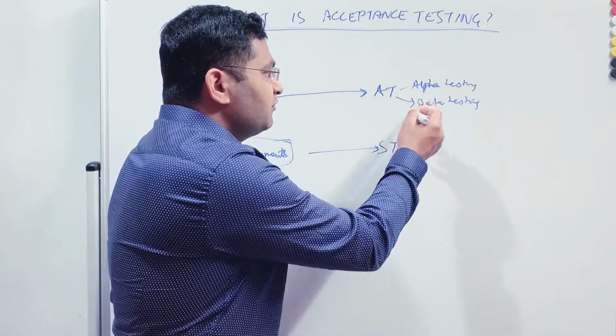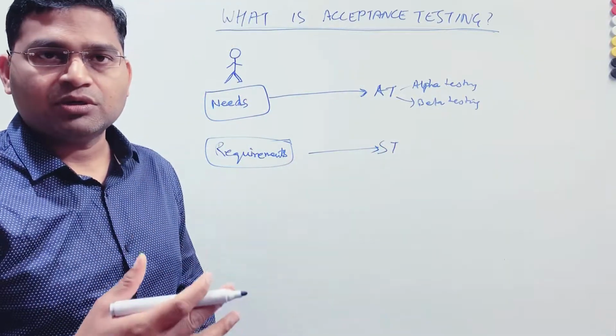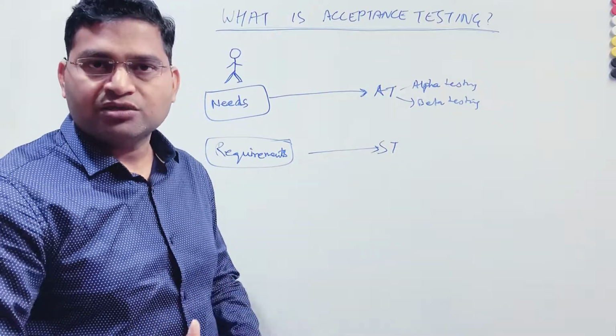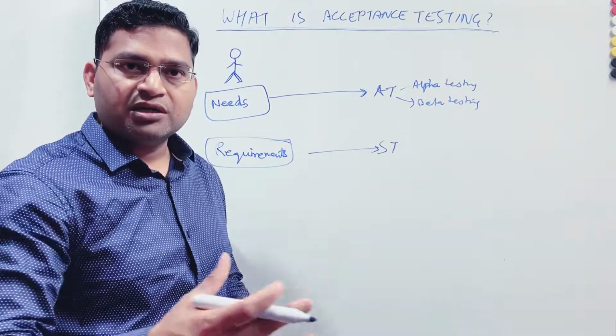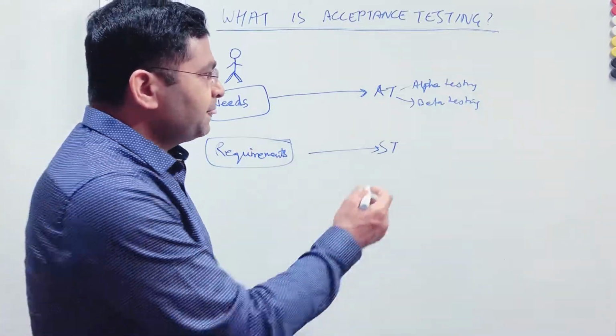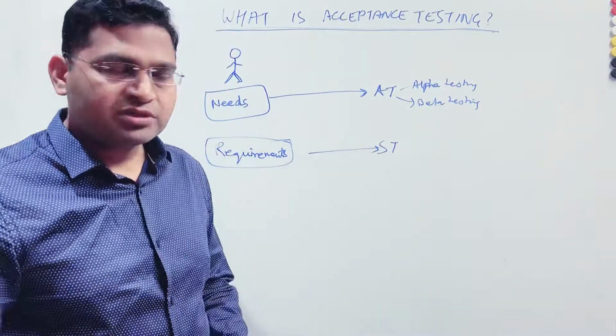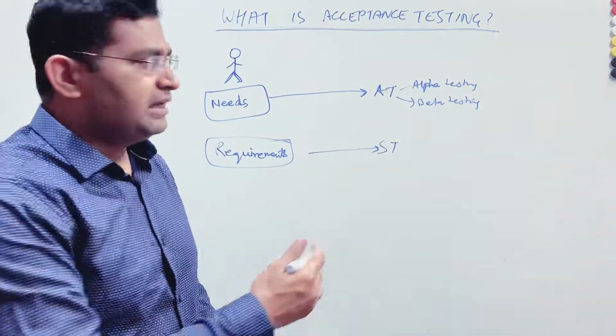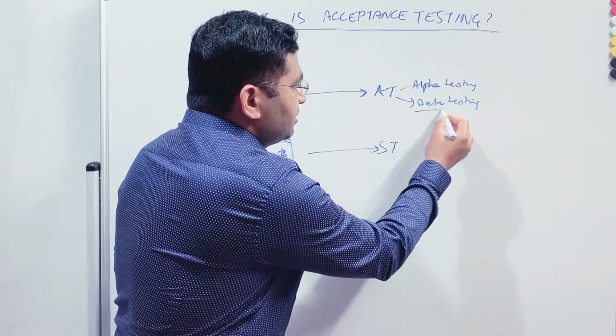What Facebook does, or all these applications and software of which we are the end users, is roll it out to a set of users, and those users use it and provide the feedback. That is what beta testing is all about.